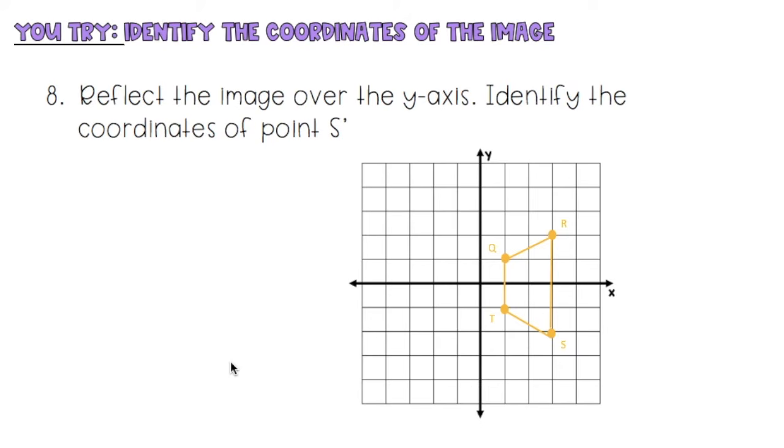Let's reflect the image over the y-axis. Identify the coordinates of point S. So here is my y-axis. I'm going to start to move over all of my points, making sure that I'm counting my spaces and not missing anything.